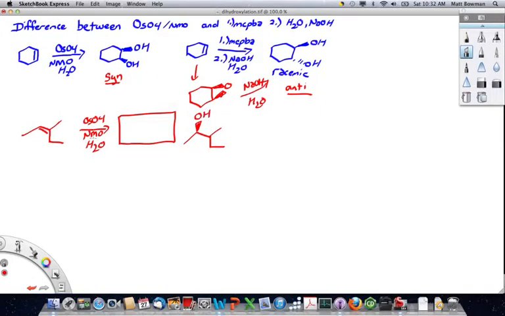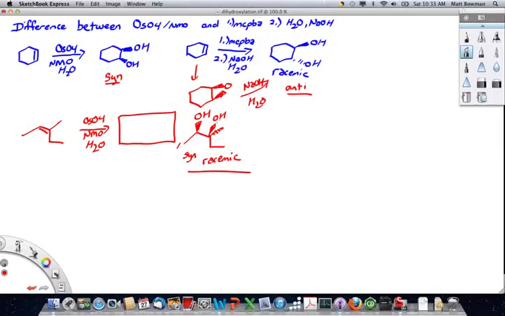And since osmium tetroxide adds syn, the OH groups, if one's a wedge, the other one's a wedge. Then I'm going to change the other substituent to a dash to match the trans relationship. So the syn relationship of the OH. This molecule itself is chiral, so it's racemic.